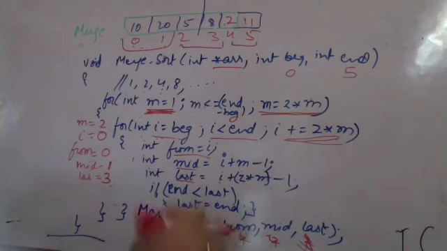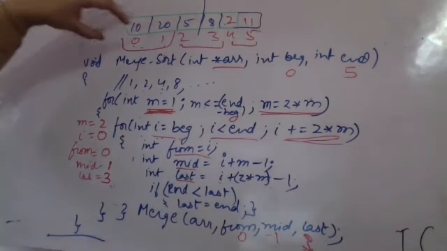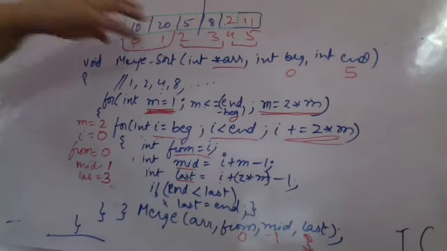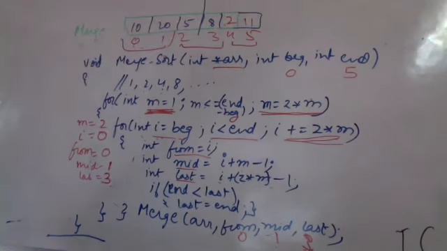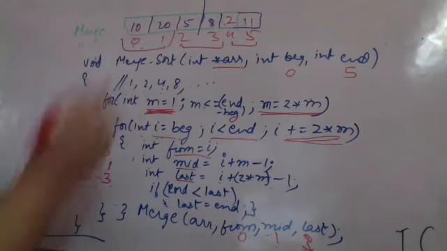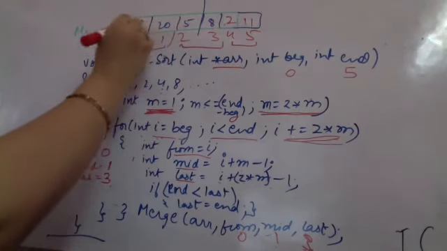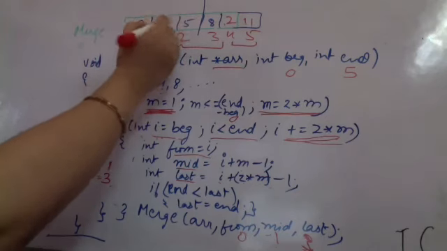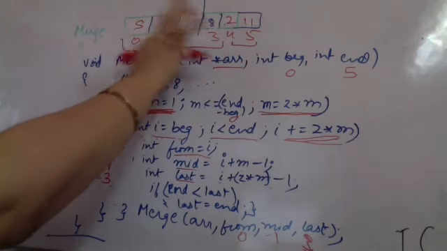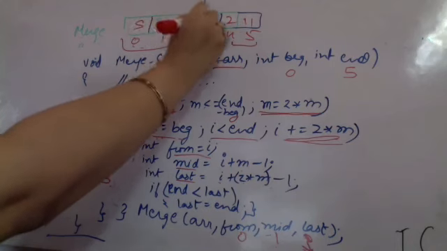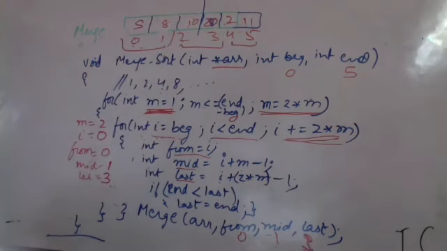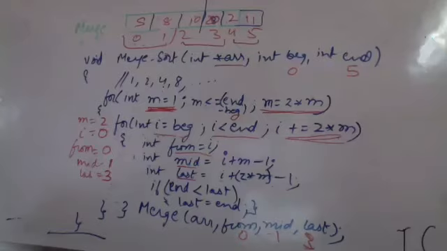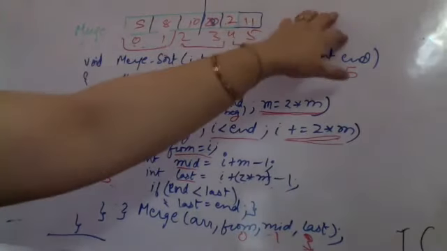So now I am calling for 0, 1, 3, so I have to understand where my arrays are: 0, 1 is one array, 2, 3 is one array, and now I have to merge these two. So merge will be called on these, and after we return from the merge, I will be having 5, 8, 10 and 20, these are merged now. Okay, understanding?